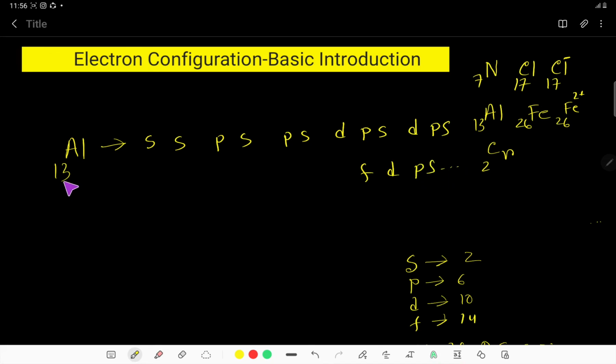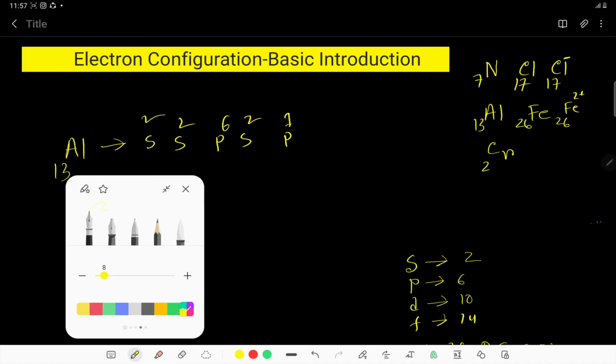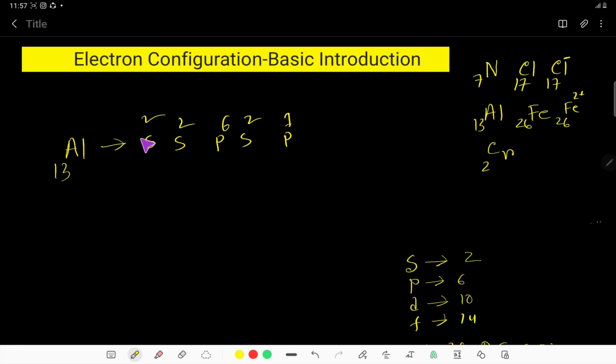So let us distribute 13: 2, 4, 6, 10, 12, 13. So you don't need these sublevels, right? So now number the s sublevel: 1s, 2s, 3s, then p starts with 2p, then 3p. So this is the electron configuration of aluminum.